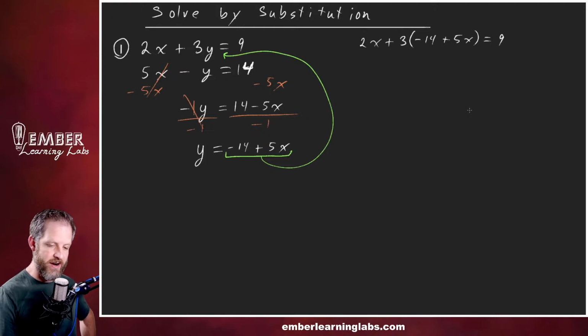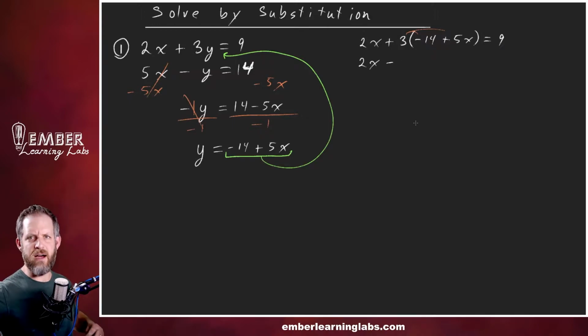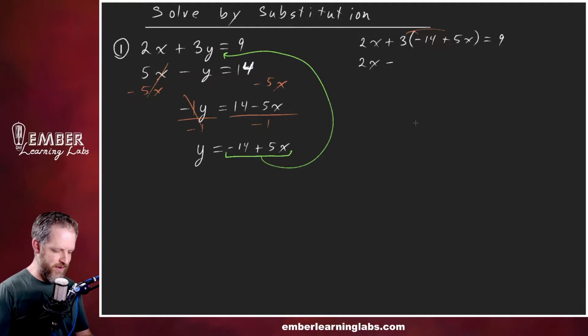We've got one variable, one equation. We're going to go ahead and distribute that 3. So we end up with, bring the 2x down, 3 times negative 14 is negative, was that 12? It's the afternoon. My brain doesn't work well in the afternoon.